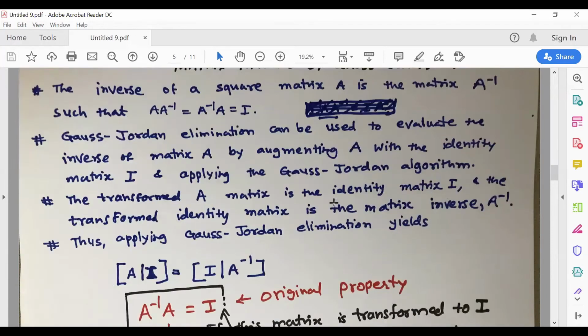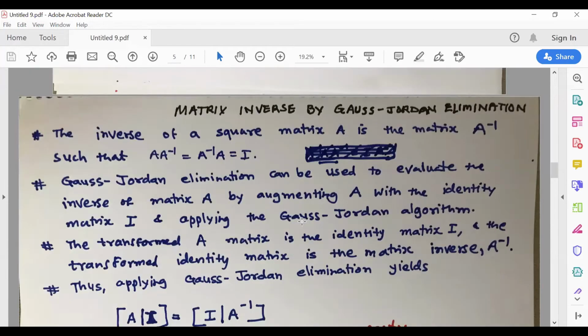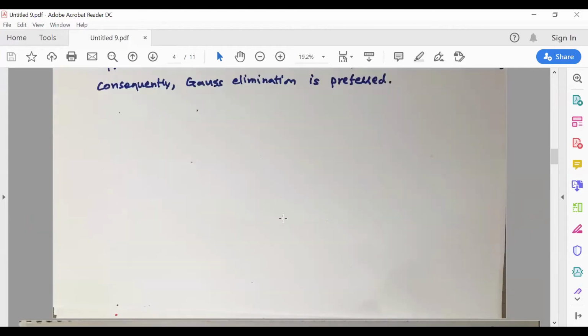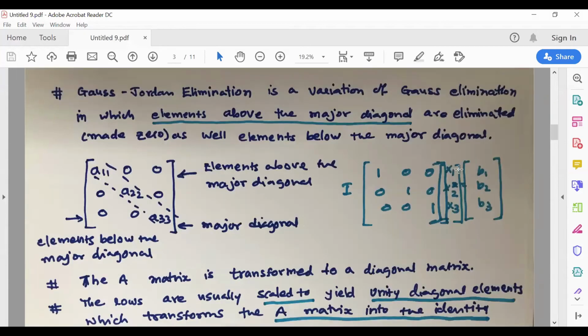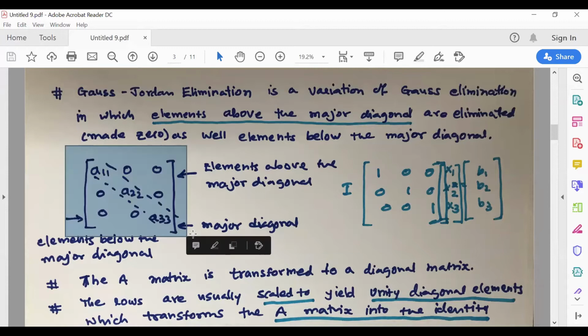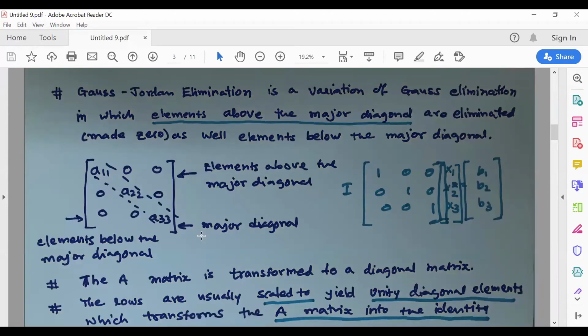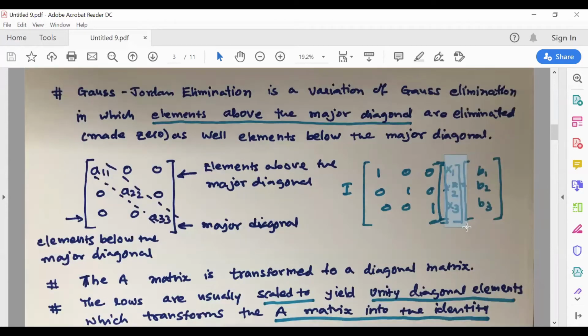So the Gauss-Jordan elimination algorithm can also be used for matrix inversion. What we have been discussing earlier is getting the solution vector, like x1, x2, x3. But suppose I want the inversion. Then how do I get the inverse? Gauss elimination was used to get the solution of the problem, where x1, x2, x3 were unknown.